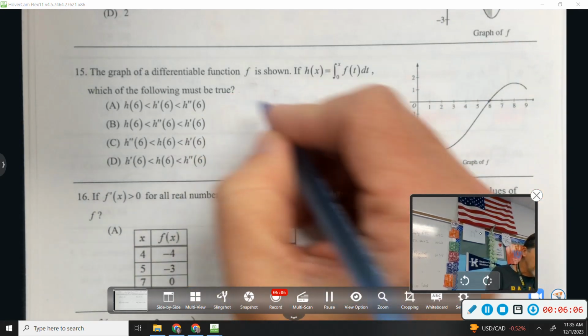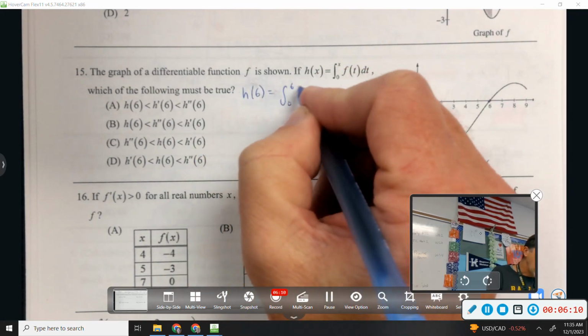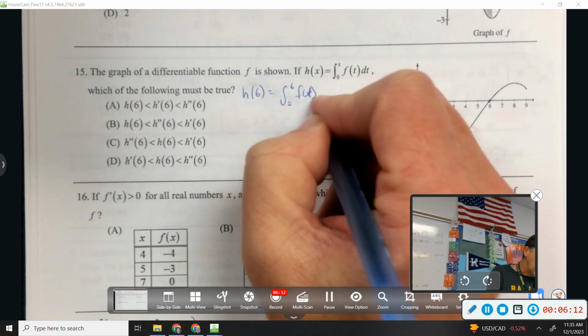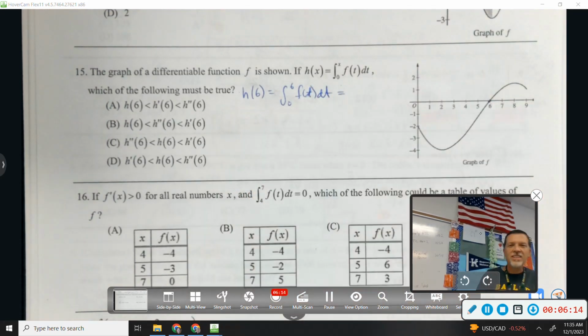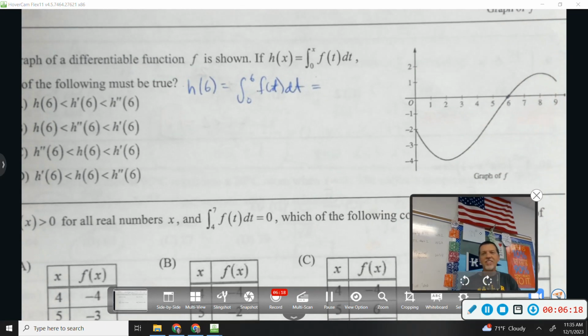So, let's see, I need h of 6. So the area from 0 to 6 under the curve, what could you say about that?